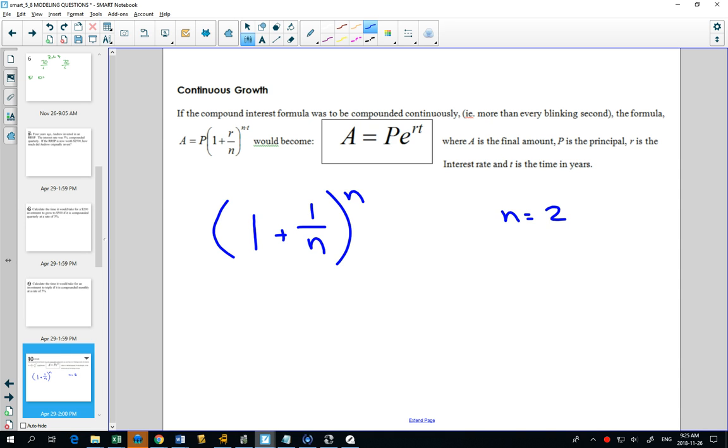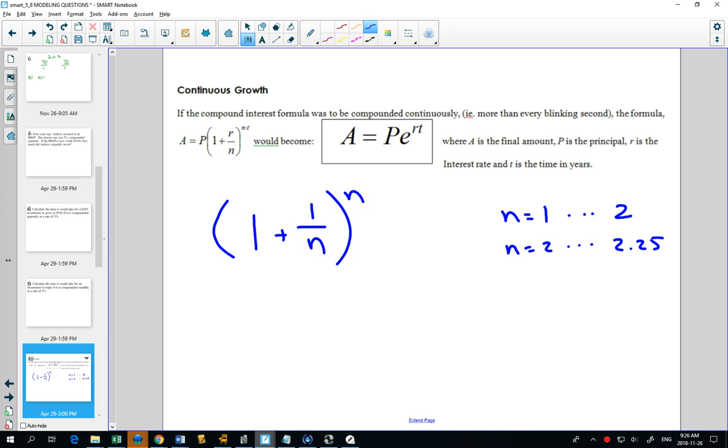If you plugged in 2 for n, you would get 1 plus 1/2, 1.5 squared. You would get, for n equals 1, 2, and for n equals 2, 2.25.